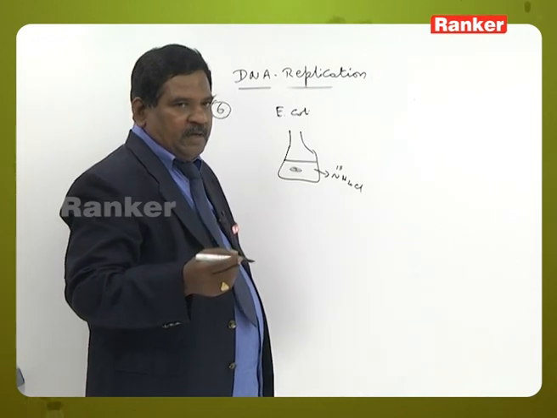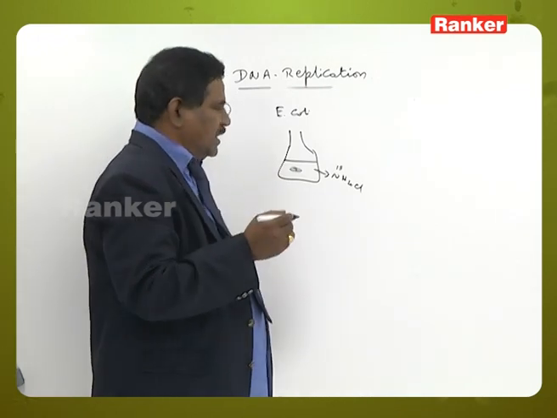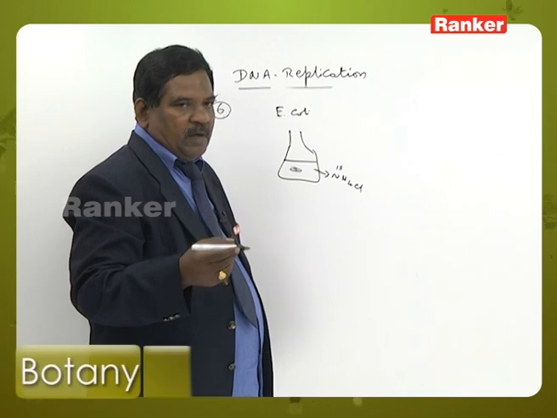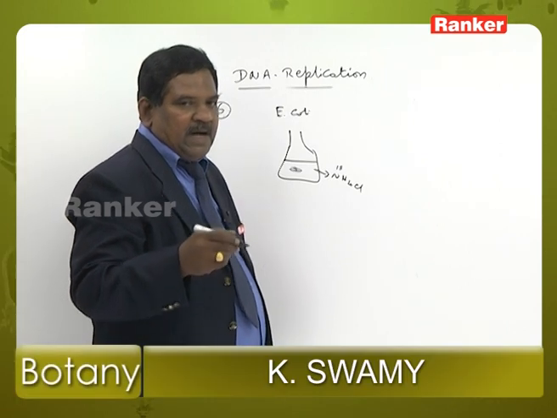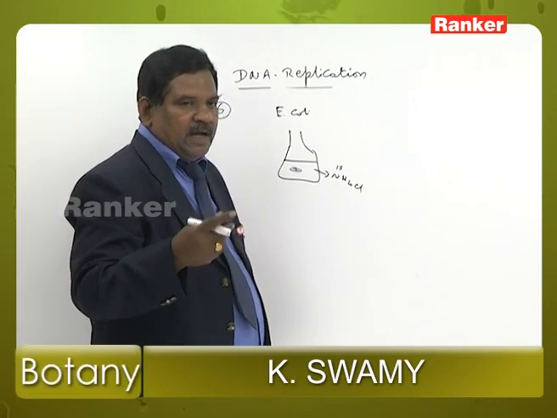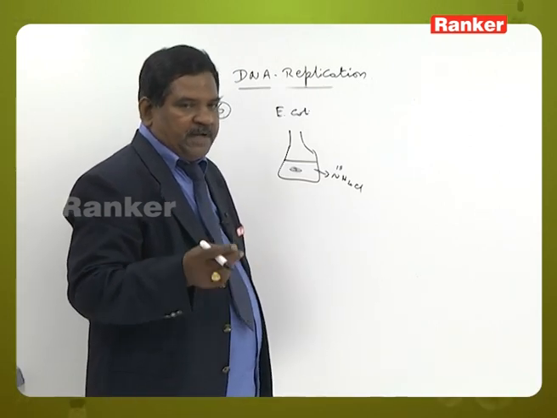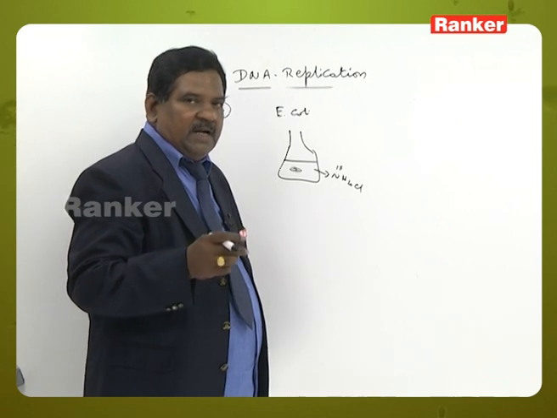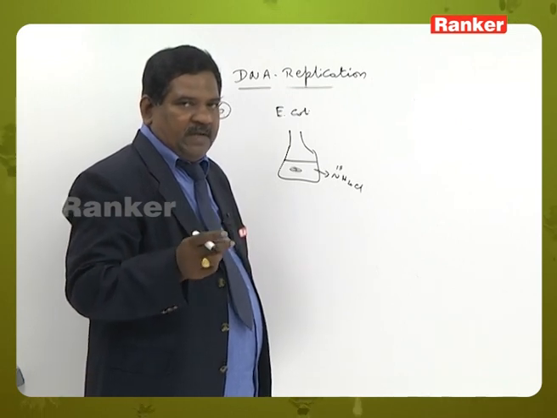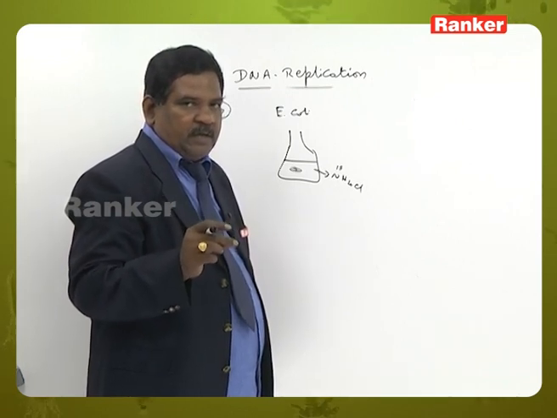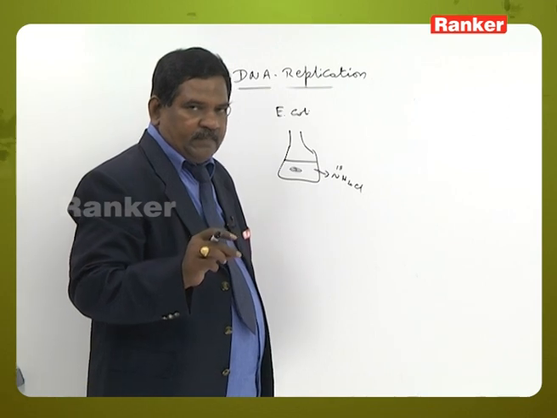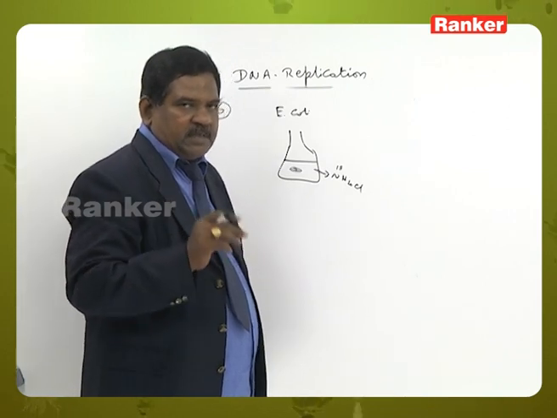So N15 entered into the newly formed bacterial DNA and other nitrogen containing molecules. There are the proteins also. Nitrogen is present in the nucleic acids and the proteins. So nitrogen N15 was incorporated in nucleic acids, the DNA, RNA, and the proteins also.